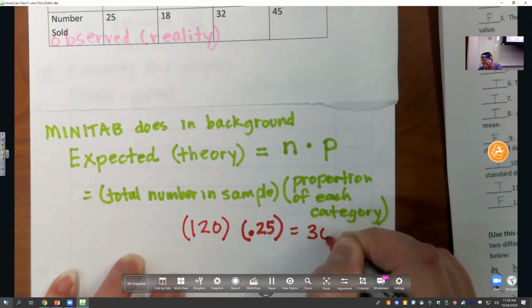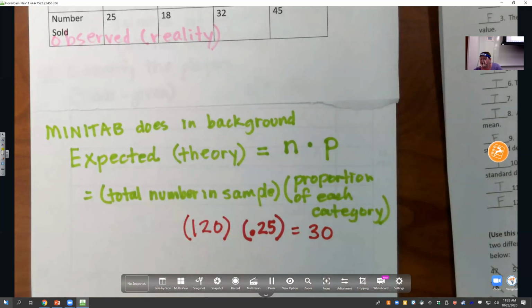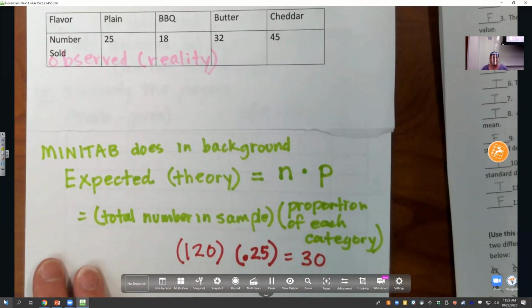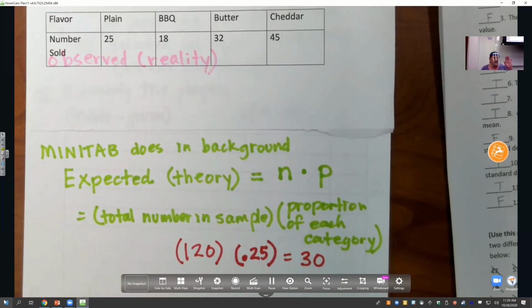We would anticipate, if they're actually equal, that we would have sold 30 in each category. Theoretically, if we have equal frequency, I would have sold 30 plain, 30 barbecue, 30 butter, and 30 cheddar.